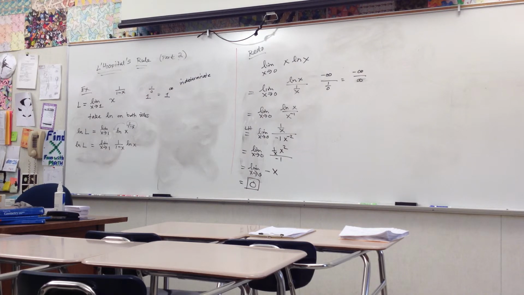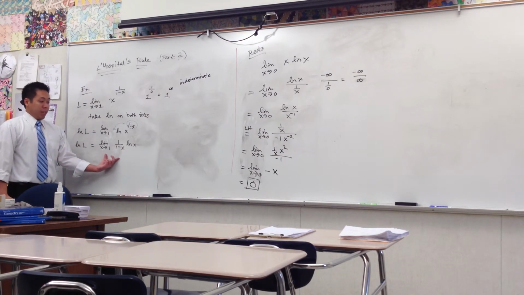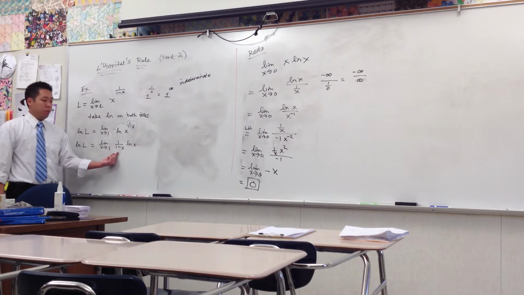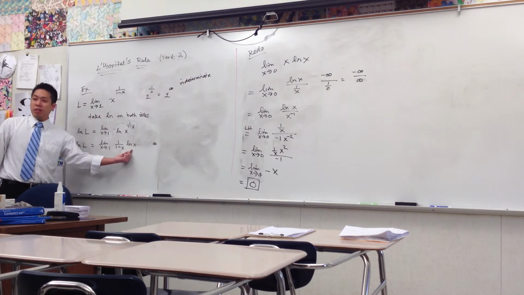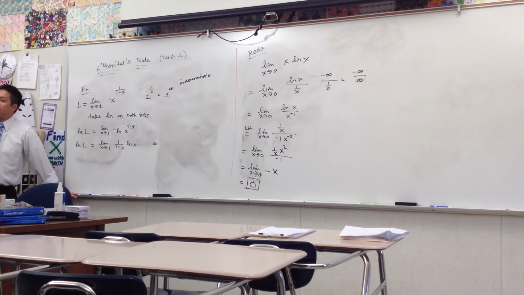Alright, is everyone okay so far? Okay, so let's just focus on the right side and try to find this limit. Plug it in. I get 1 over 0, which is infinity. Log of 1. What's log of 1? Remember what log of 1 is?